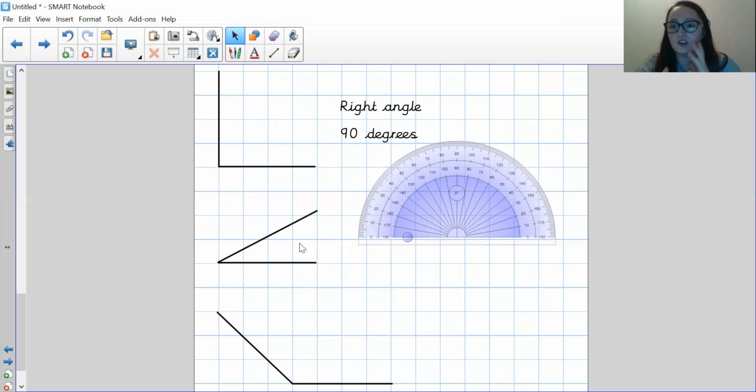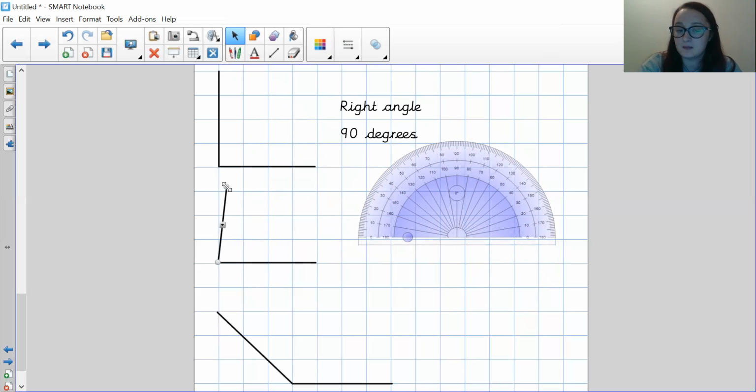Now, there's a Q in the name, okay? It's called an acute angle and it is so cute and tiny. That makes you think that it is smaller than a right angle because if you look at it, it is. An acute angle can be like this, just below, smaller than a right angle, or it can be like this, teeny tiny. So I'll just move it back to where it was.